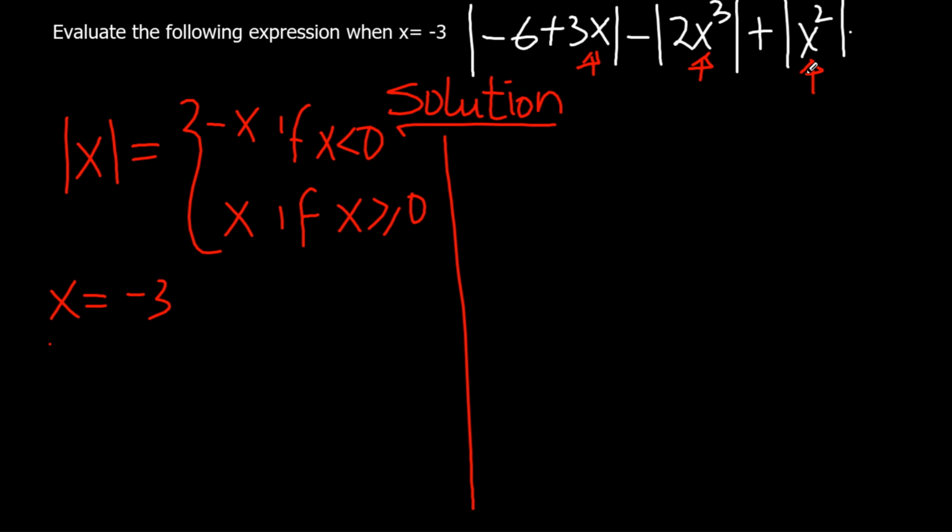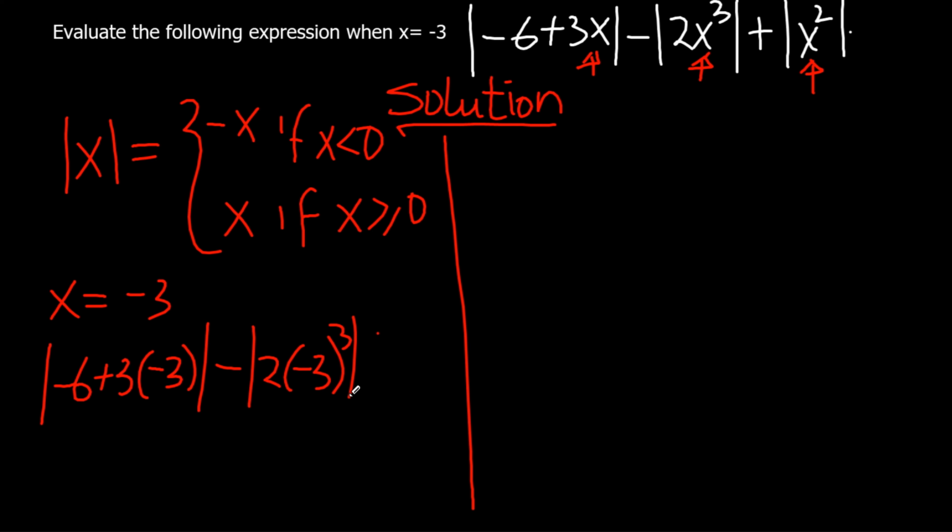So we have the absolute value of -6 plus 3 times -3, minus the absolute value of 2 times (-3) cubed plus the absolute value of (-3) squared. So we will go ahead and simplify whatsoever is inside these absolute values.